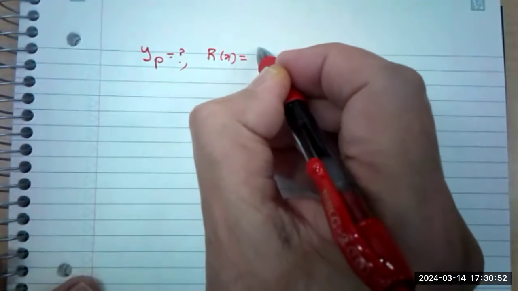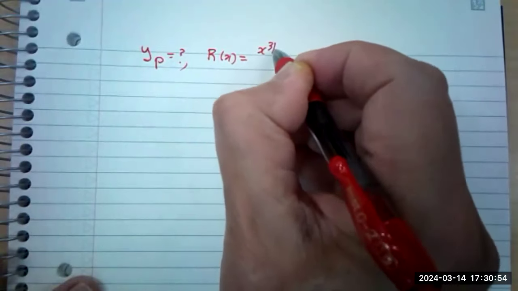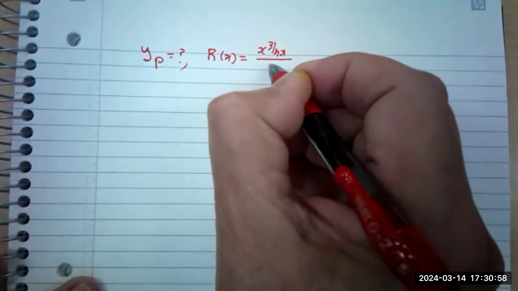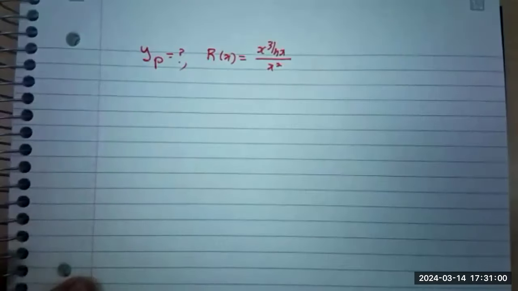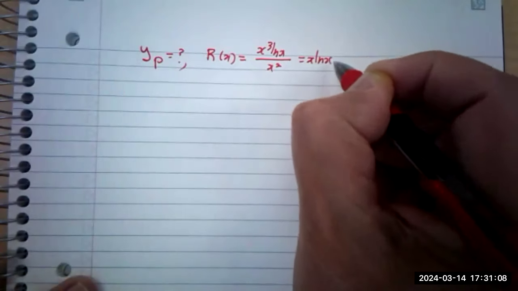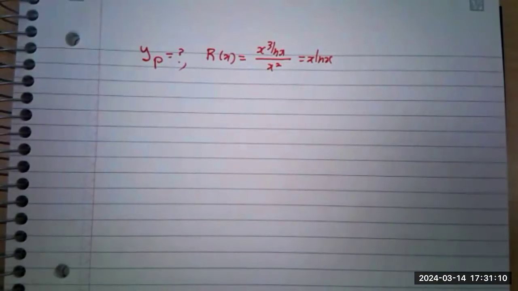See, r of x is x cubed ln x, and you divide it by the coefficient of the y double prime, which is x squared, all the time. Don't miss it. Then it's going to be x ln x. So you have to use x ln x for the following integrations.